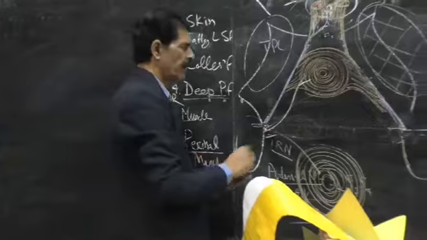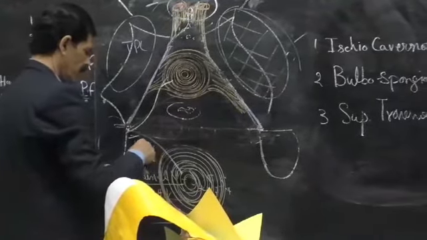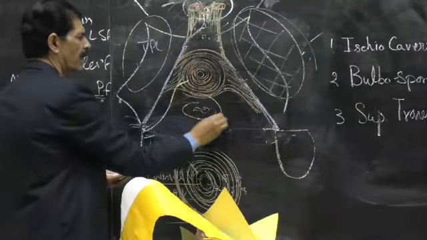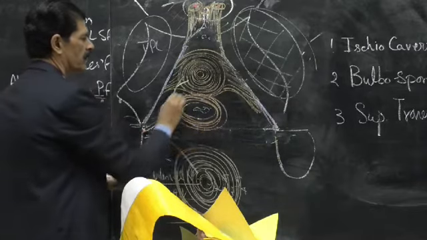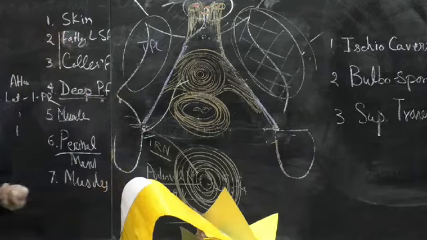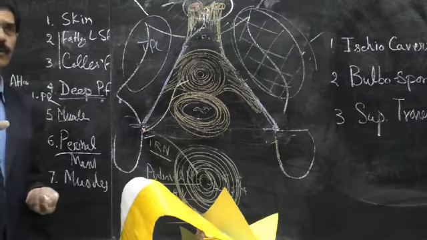And in the female, there is another muscle. The same muscle which is present around the urethra also surrounds the vagina in the female. And so it is also voluntary. So a female can squeeze the vagina also to withhold the menstrual blood flow for some time.